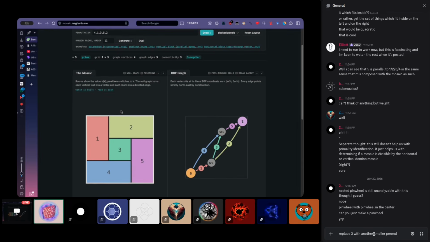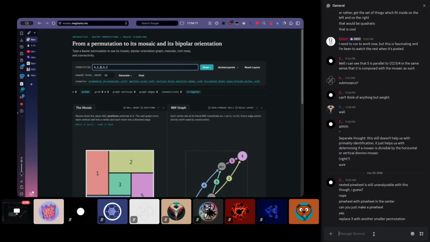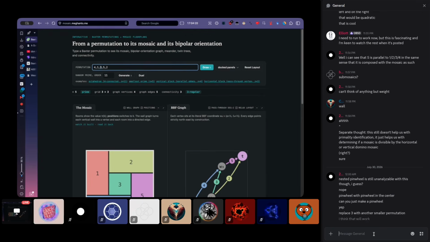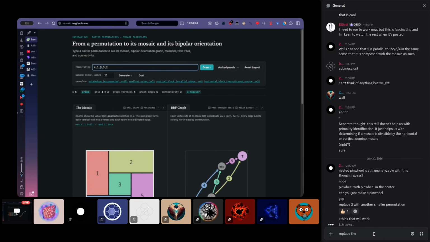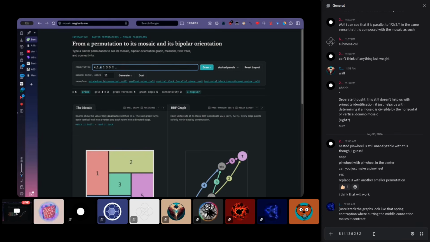I wonder if this can be as trivial as... if this is 41352, and then 5 becomes... so 1 and 2 becomes 6, 3, 5, 7, 4, and 41352.